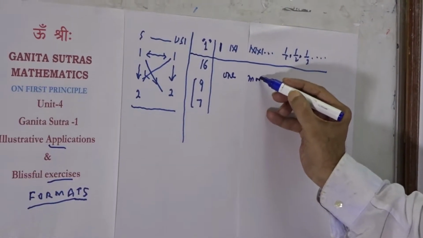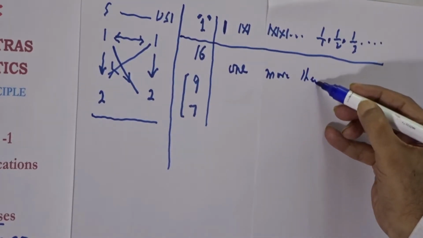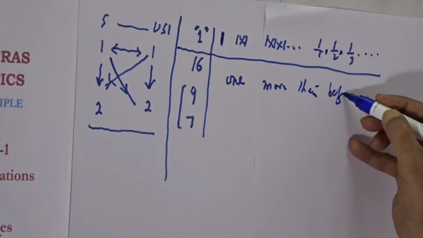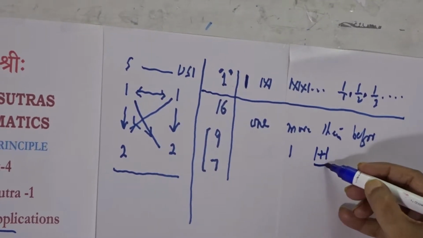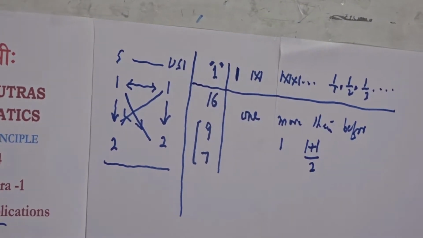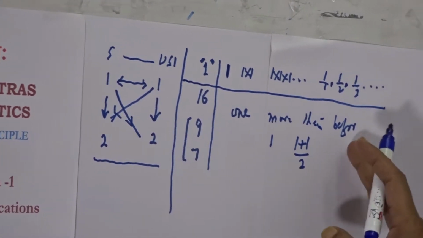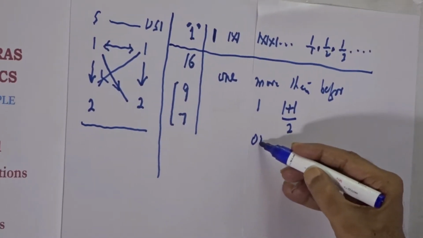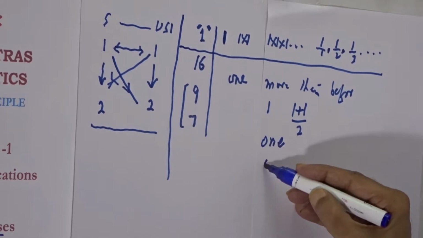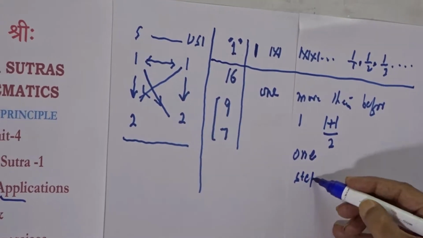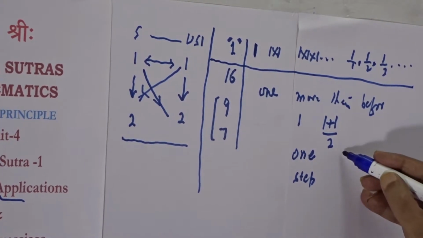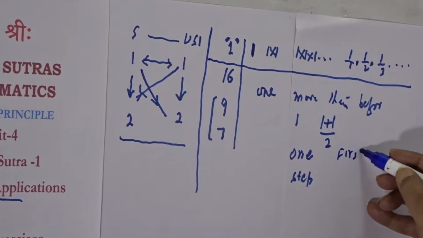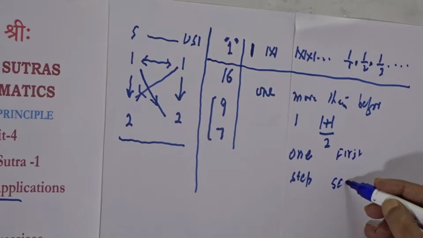This 1 more than before can take us from 1 to 1 plus 1, and we designate it as 2. Therefore, this 1 more than 1 could also be a step, one step at a time, so we can reach a first step and a second step.